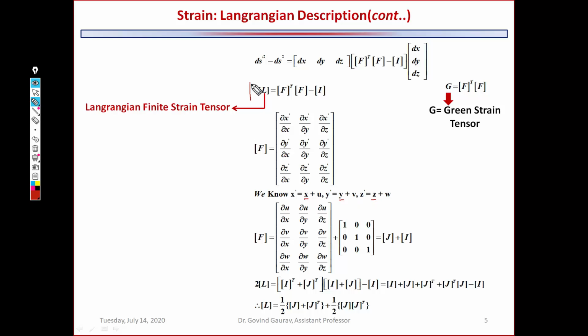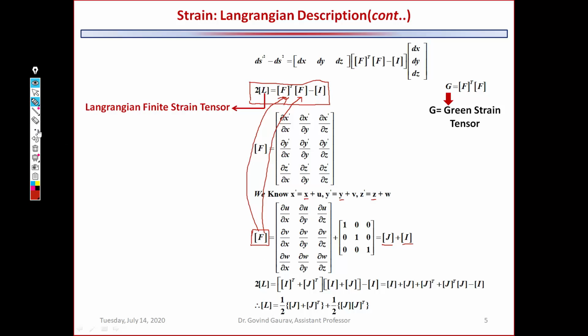So from this equation, which we know, 2 multiplied by L is equal to F transpose F minus I. We have calculated the value of F. The value of F is equal to J plus I. Now we need to put the values of F over here, and its transpose over here.